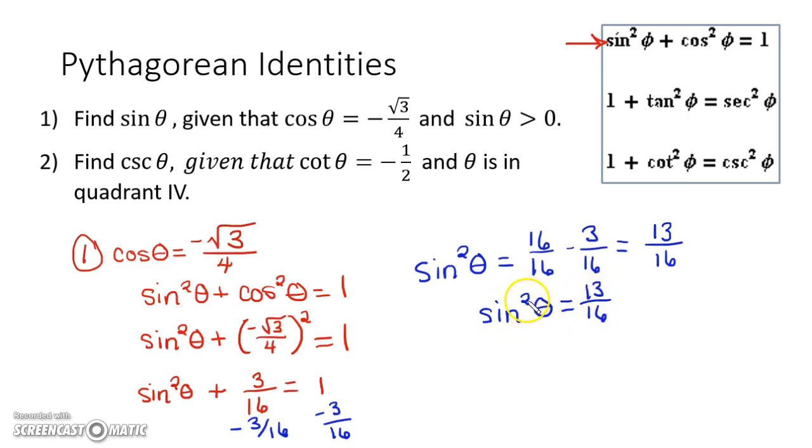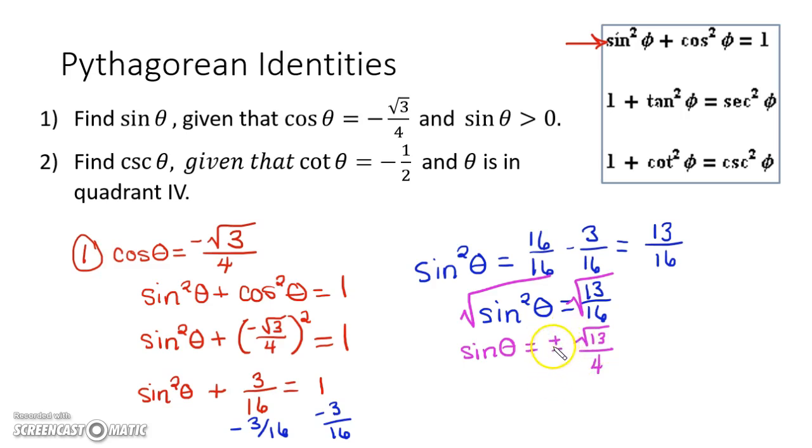Well, how do we get rid of that square? We square root. And what you do to one side, you have to do to the other. So square root that, you get sine of theta equals positive or negative, we'll deal with that in a second, square root of 13 over square root of 16, which is 4.